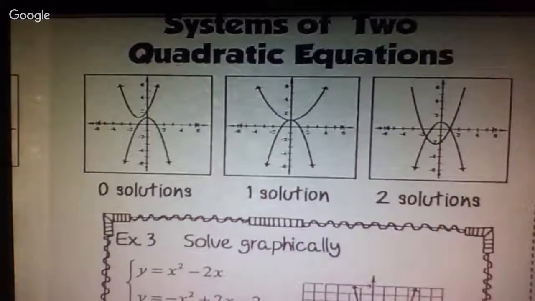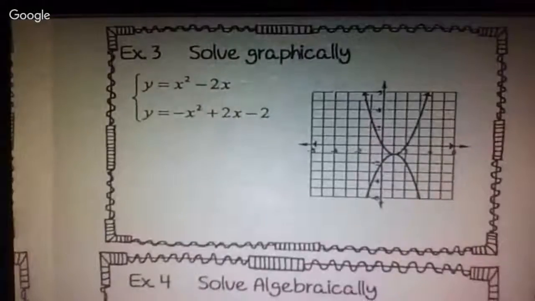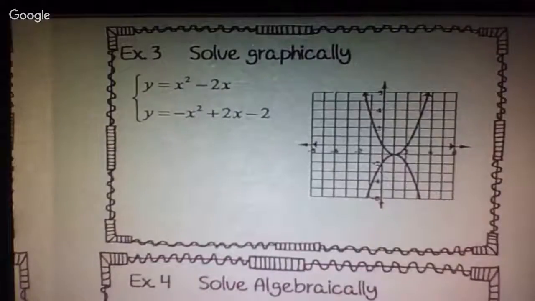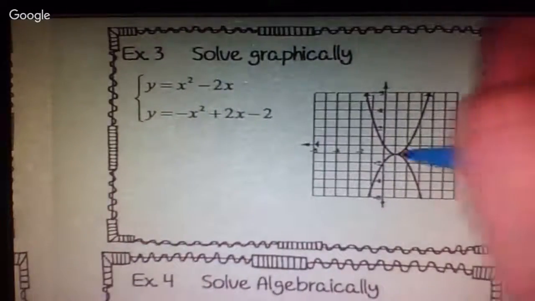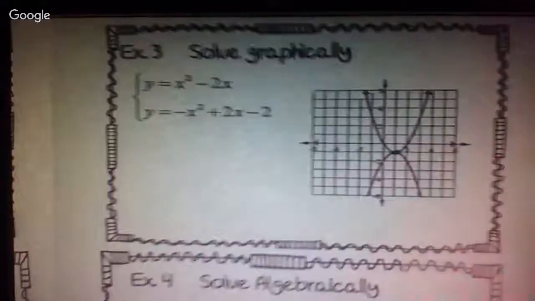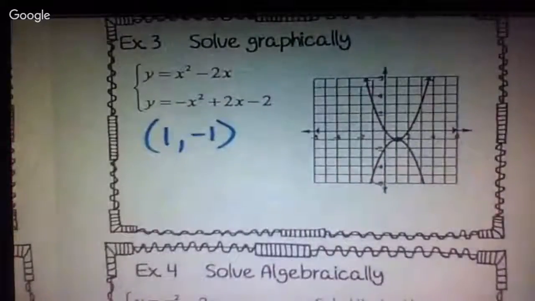Or I can end up with 2 solutions where they overlap. So again, solve graphically. I'm looking for where they cross. Where do these graphs cross? The vertex, which is point what? 1, -1. There's only 1 solution here.